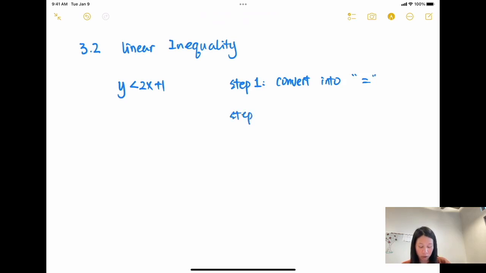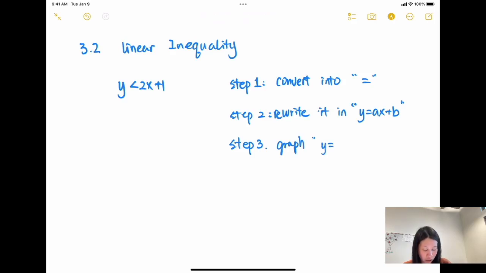And then step 2, you're trying to write it in y equals ax plus b form. Step 3, you're going to graph the linear function, which is y equals ax plus b.